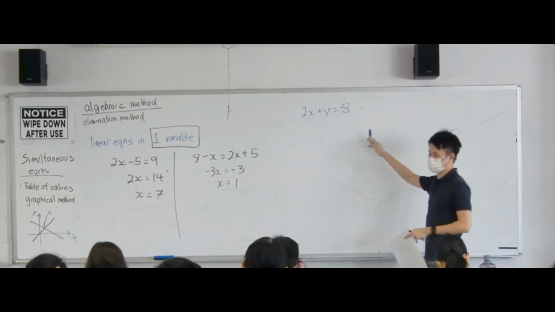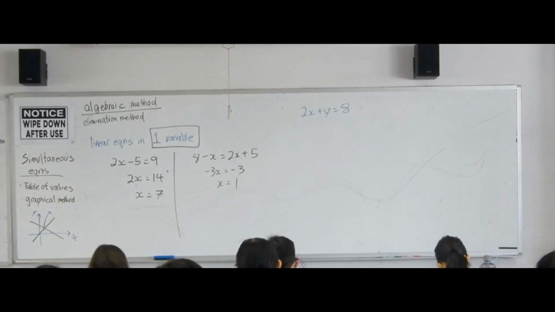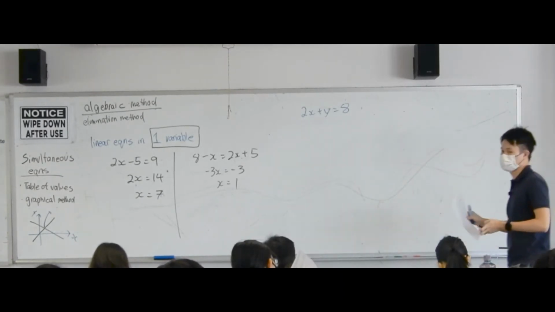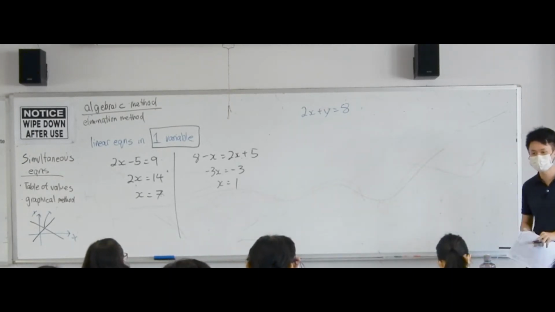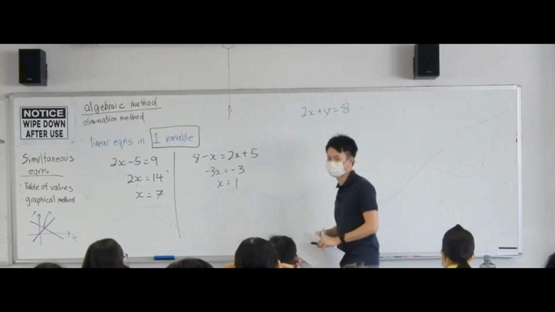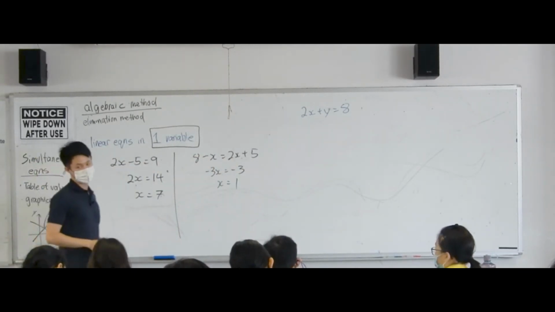So can we just solve this? Let's see. I want to get Carice. Can we solve this? Why? Carice says cannot. Why? What do you get trying to solve?